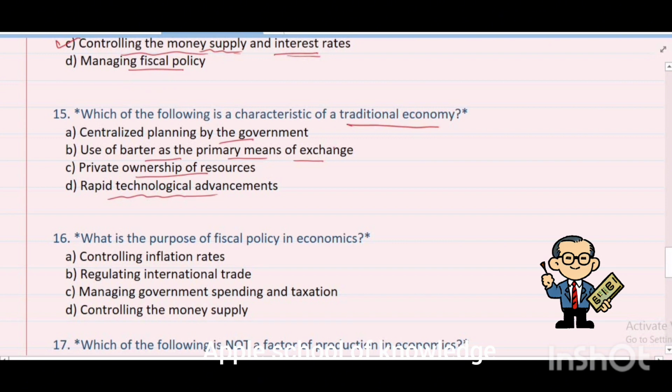We know that traditional economies often rely on barter and have limited technological advancement. So option B is the correct one. The traditional economy uses barter as the primary means of exchange.